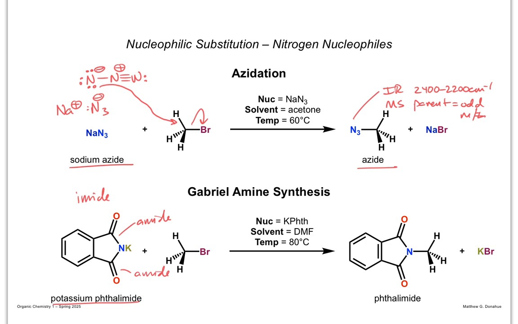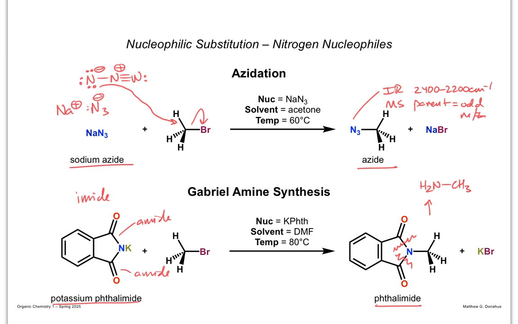So that allows you to install the nitrogen, and that makes a phthalimide, so that would be N-methylphthalimide. And when we look at the nitrogen atom, these bonds I'm cleaving in red, you can remove those to form methylamine.